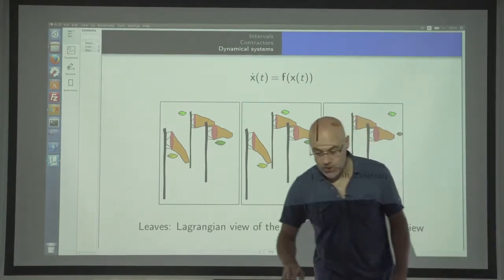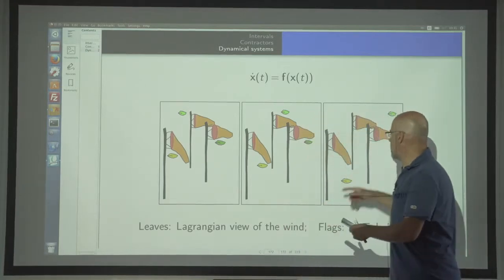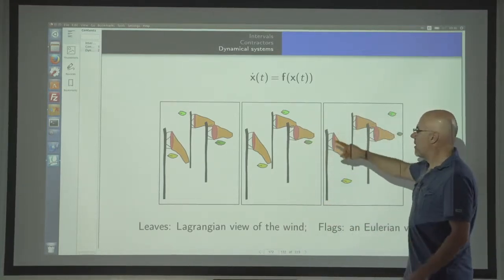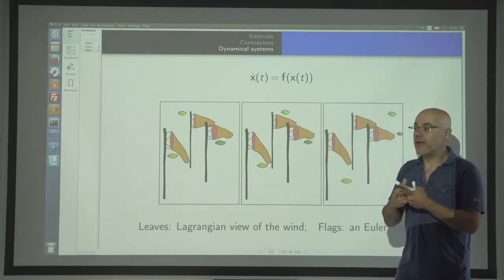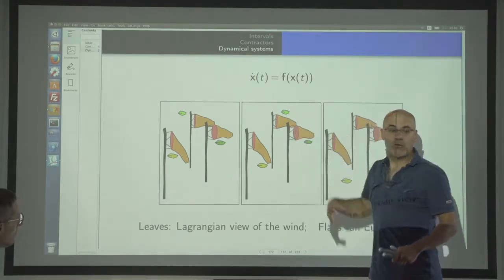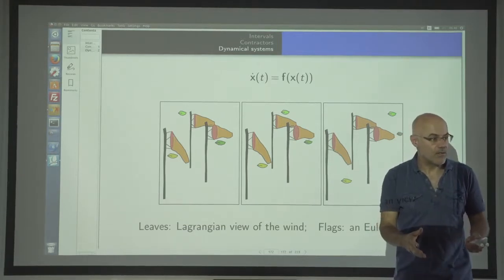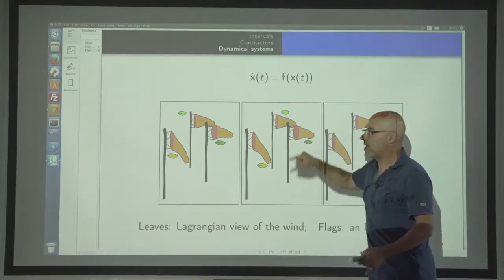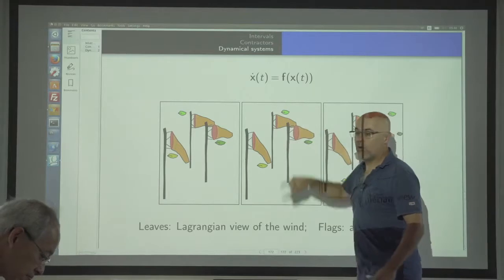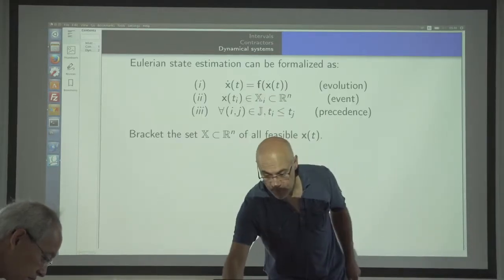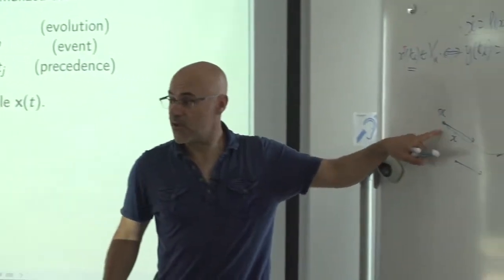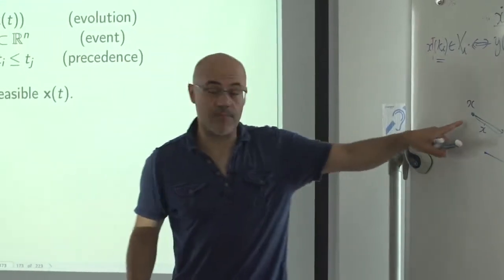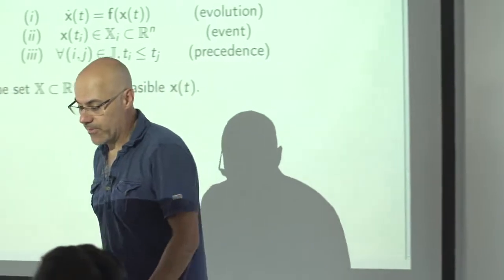You understand the two approaches? This one will be more geometrical, and this one will require some guaranteed integration when you deal with guaranteed methods. We don't want to use this one here, more the Eulerian approach, to avoid following the fluid. Because when you follow it, you have to integrate with a Runge-Kutta method or an interval counterpart.